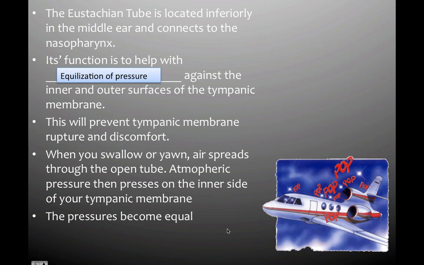That eustachian tube, which connects the middle ear to your nasopharynx, its job is to help you equalize pressure. A lot of us have some experience with equalization of that pressure. When we go to high altitudes, whether by plane or by car, you'll hear your ears starting to pop.